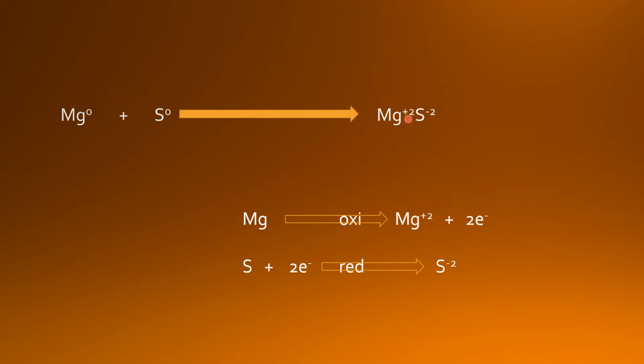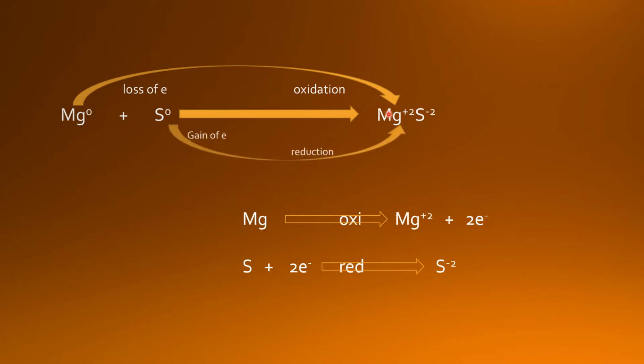So magnesium will carry this +2 charge, and sulfur is gaining the 2 electrons, so it will carry the -2 charge. So as this magnesium is losing the 2 electrons, we will say that the process of oxidation is taking place in this magnesium. And in the same way, this sulfur has gained the 2 electrons, so we will say that the process of reduction is taking place in the sulfur.